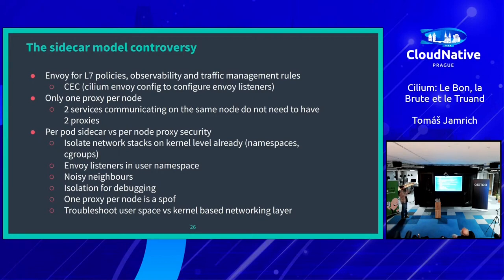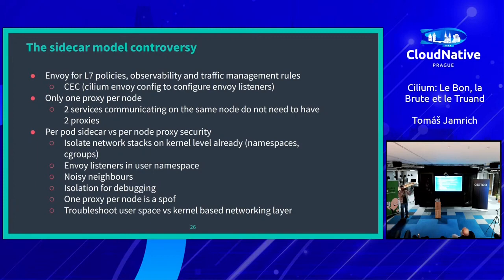So that's a different setup. It has its own pros, but it also has some drawbacks. If you have two services that are communicating to each other on the same node, why do you need to have two proxies for them? You don't. You are wasting your resources.